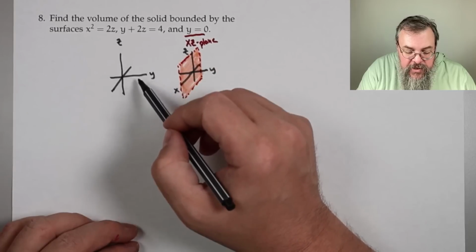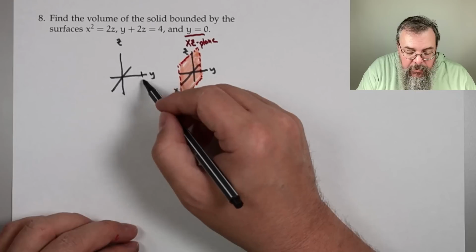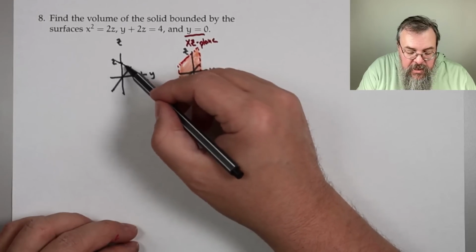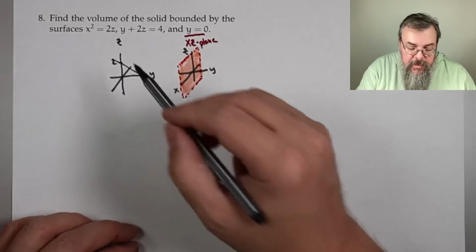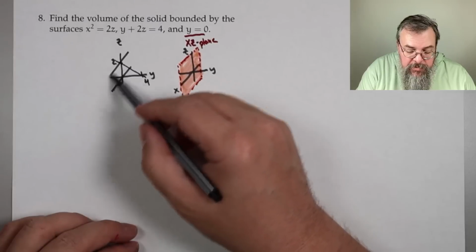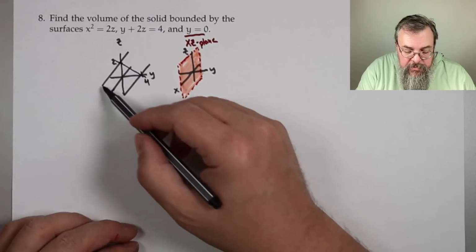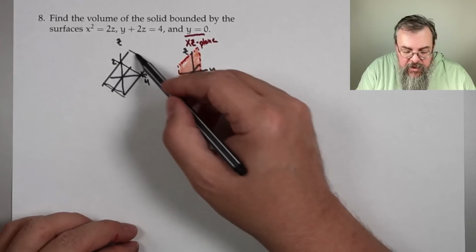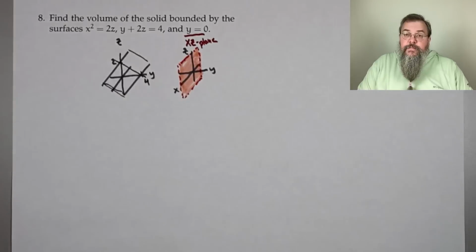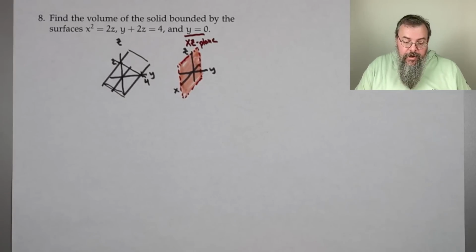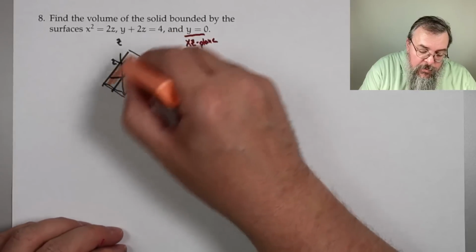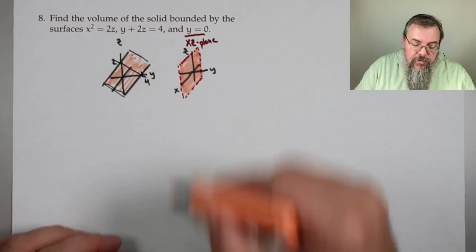We can find where it intersects. For example, it would hit at y equals 4, and here it would hit at z equals 2. So it would be this line. And now you just copy that line, running parallel to x. It's like a board leaning against the wall. So that's our y plus 2z equals 4.